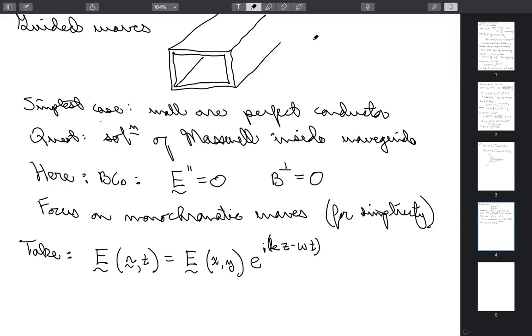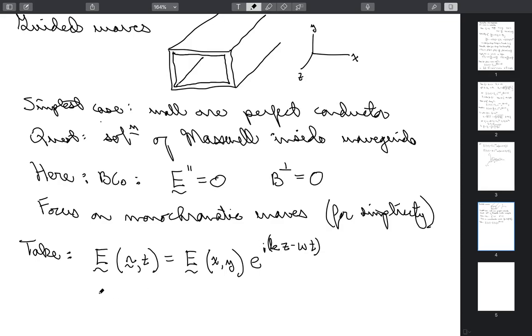So in the axes here, I've taken, for example, that the propagation direction is going to be z, and then the other transverse directions are going to be x, y, like this. Okay, so the propagation direction is going to be z in our system here, but the fields are going to depend on x and y.